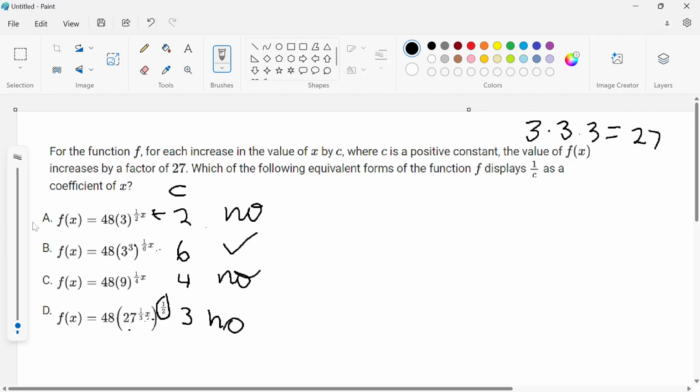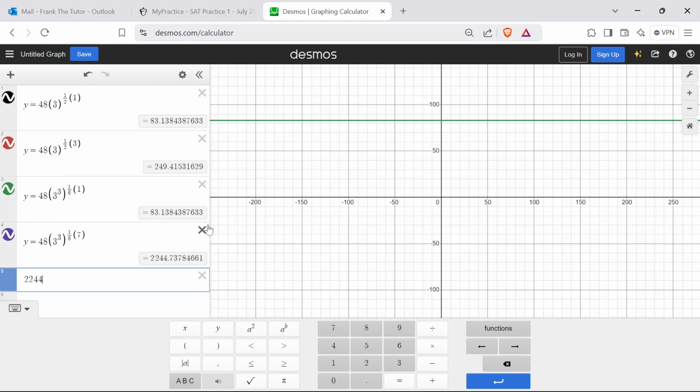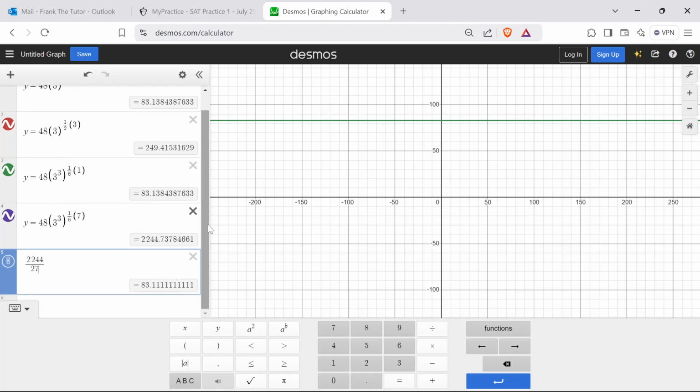And now x has to increase by c, which is 6. So 1 plus 6 is 7, times 7. And that comes out to 2244.73. Well, I'm just going to approximate. 2244 divided by 27 is around 83.